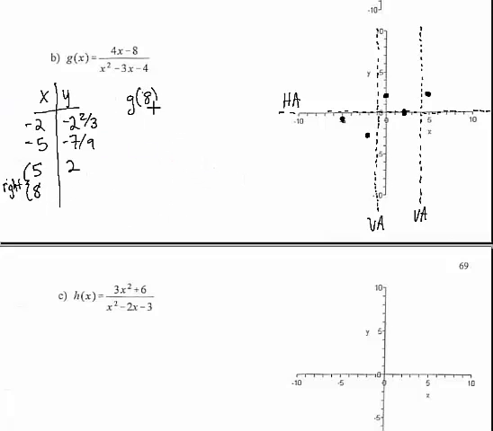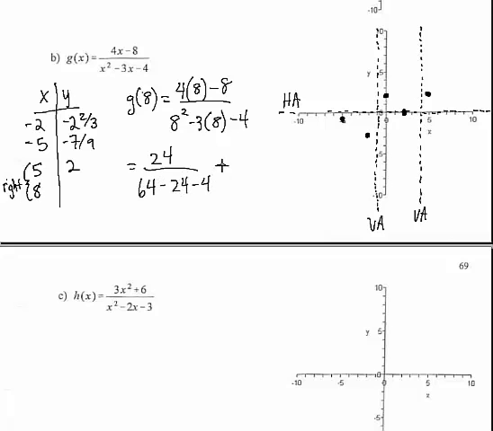My last x value, 8. I've got 4 times 8 minus 8 over 8 squared minus 3 times 8 minus 4. 4 times 8 is 32 minus 8, 24. 8 squared is 64 minus 24 minus another 4.